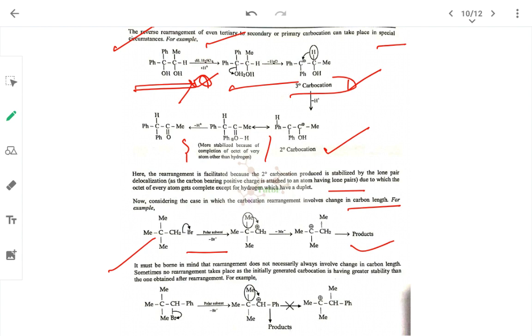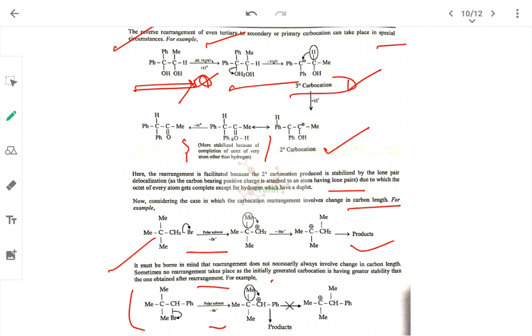Sometimes no rearrangement takes place, as the initially generated carbocation has greater stability than the one obtained after rearrangement. Now in this case, there occurs a rearrangement and 1,2 methyl shifting forms a 3 degree carbocation.